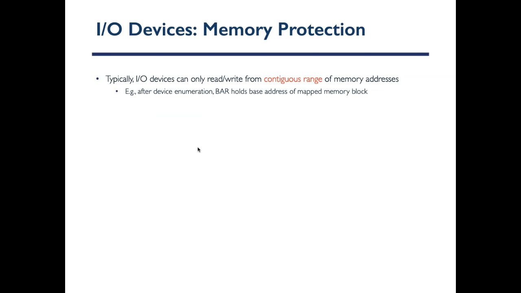If you remember when I was talking about PCIe registers, one of the ones that I mentioned was the base address register, which at the beginning tells the system how much memory this device needs. Then, assuming it gets that memory allocated contiguously, once the memory is allocated, the operating system or the BIOS writes to this register the base address in memory where the contiguous space starts.